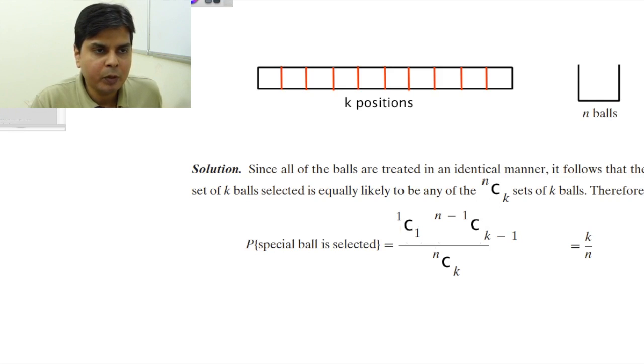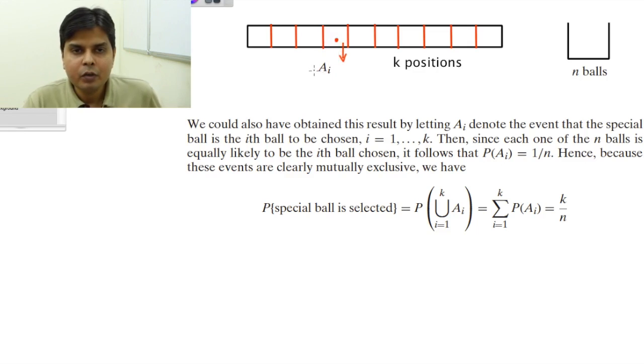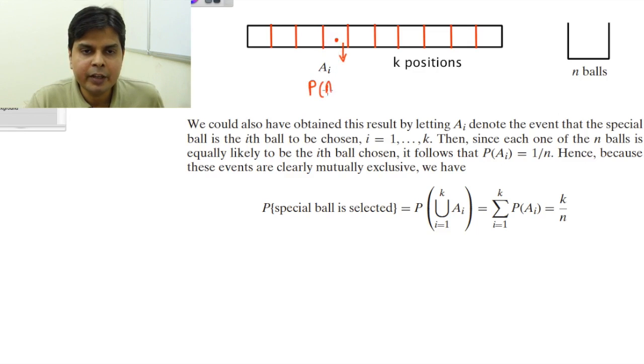Now the same problem I can solve using another method. Suppose Ai is the event that in the ith position of this arrangement of balls, the special ball is there. Suppose this is my ith position, so Ai is the event that the special ball is here. What will be the probability of this Ai?